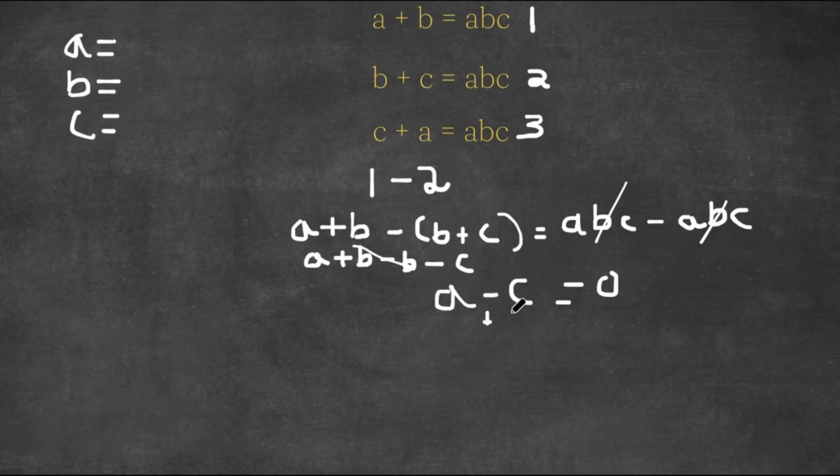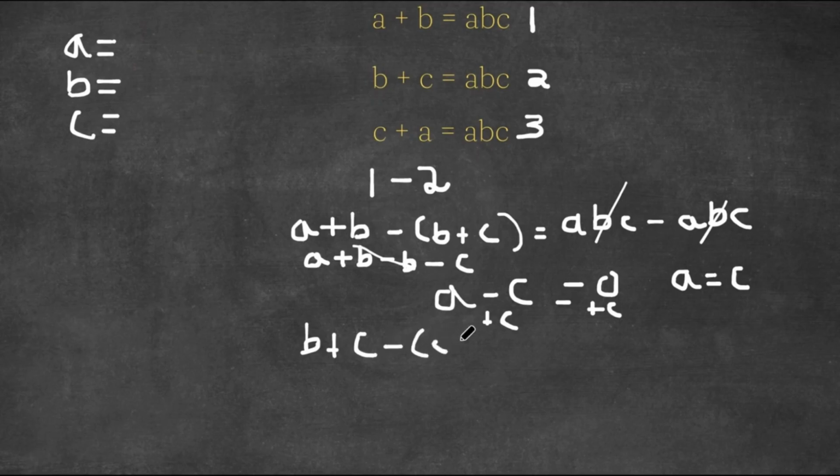Well, if we add c on both sides, we would get a equals c. So we know a equals c. Now we're going to subtract equation 2 and equation 3. So we get b plus c minus c plus a. And this is again equal to abc minus abc, which, as we already know, is 0.